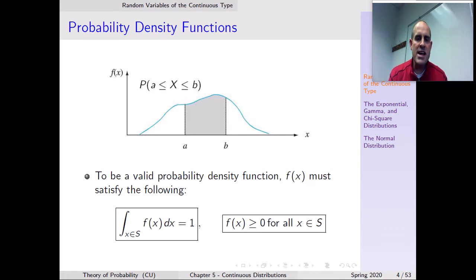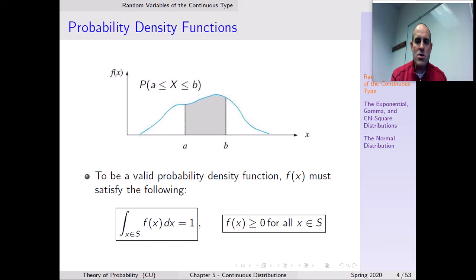The probability that x is between a and b is just given by the area under the density function between a and b. Densities have to have a couple of properties. If I integrate the density function over all possible x values, that's the first box, I should get 1, since little f is supposed to be telling me probabilities of being in various intervals.